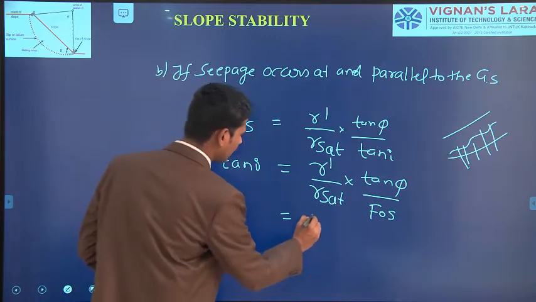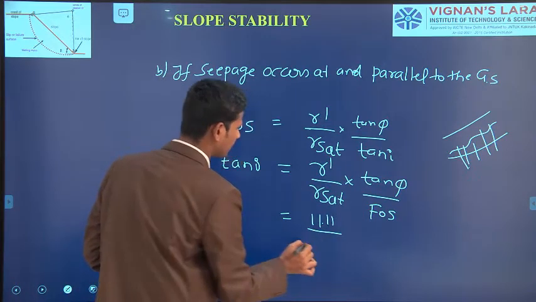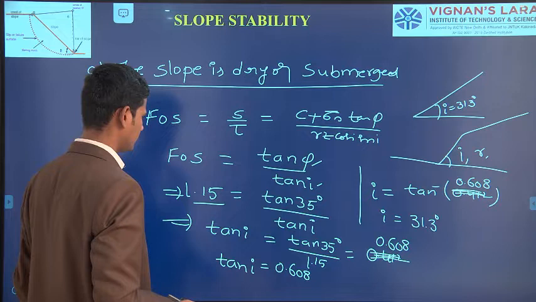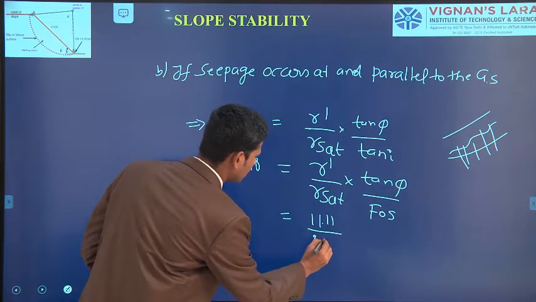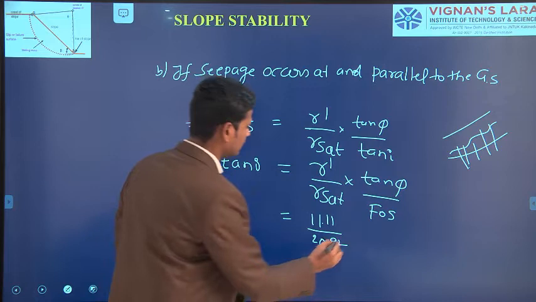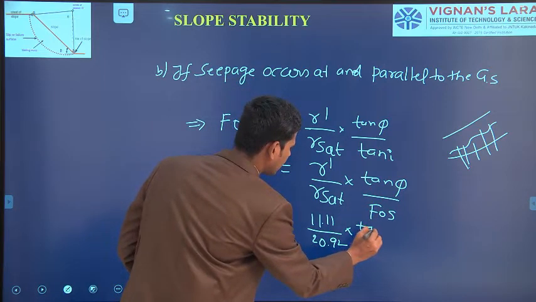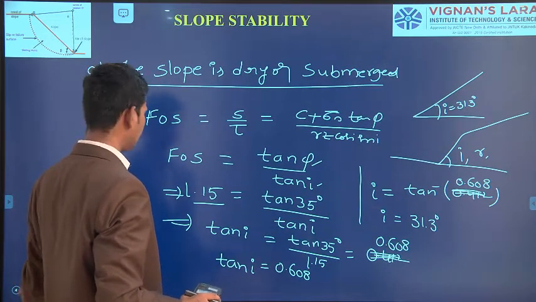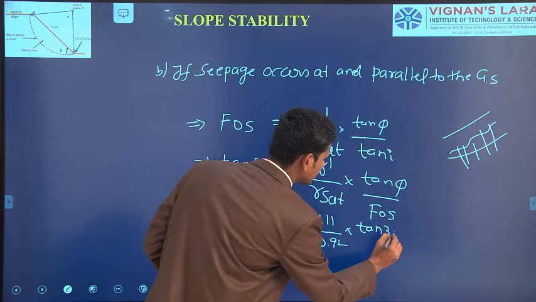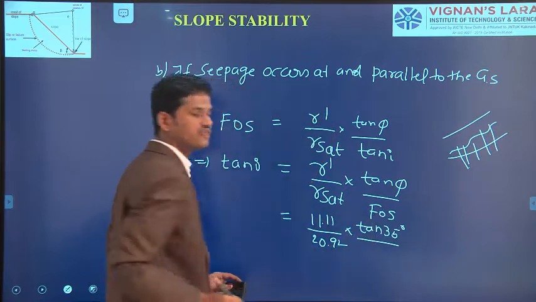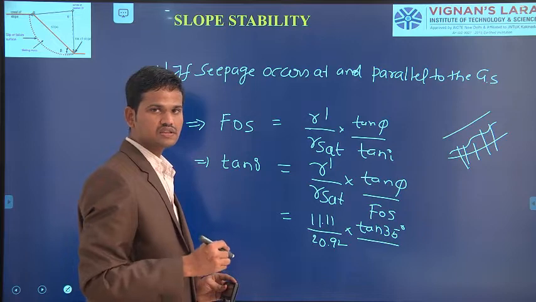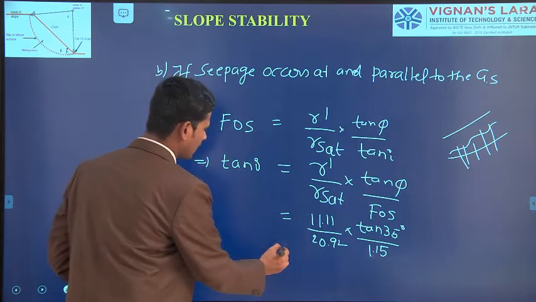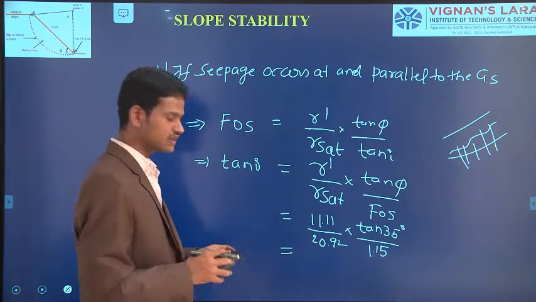So gamma prime 11.11 divided by gamma sat 20.928 into tan phi, where phi is the angle of internal friction given for the soil as 35 degrees. That means tan 35 degrees divided by the factor of safety of the soil mass, which is given in the problem as 1.15. If you substitute these parameters, you will get the angle.